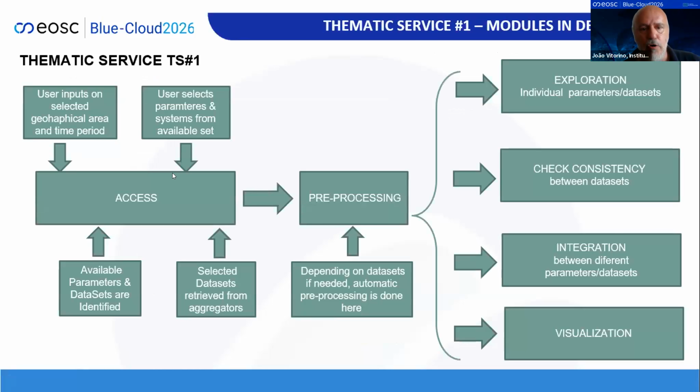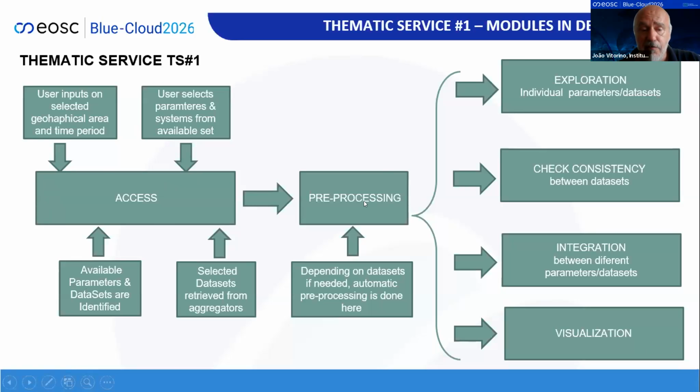So the access component includes the selection of the data and parameters, the information regarding what is available, then the selection by users of the ones they want to work with, and the download of all these data sets to the workspace.